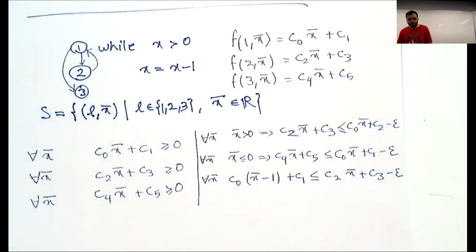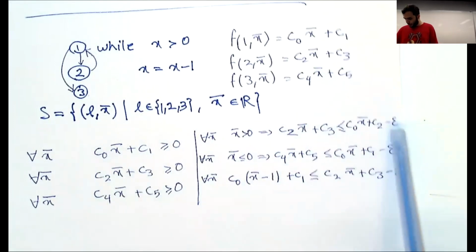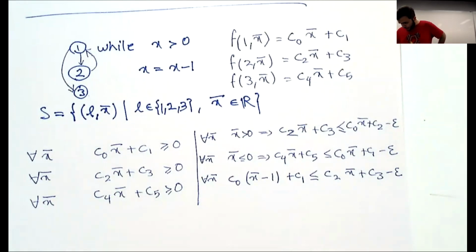So this is the problem that I have. I have these constraints here, and I want to find values for C0, C1 to C5, and also for epsilon, such that all of these constraints hold. But actually, is that possible?